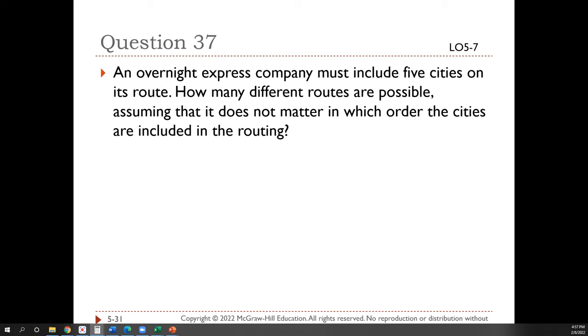All right, so we want to know how many routes. And they must have an overnight, so they only have one overnight. Express company includes 5 cities on its route. Doesn't matter which way they go. All right, so this is basically a 5 factorial. This is one of our factorials, but it's not big enough for an Excel factorial.